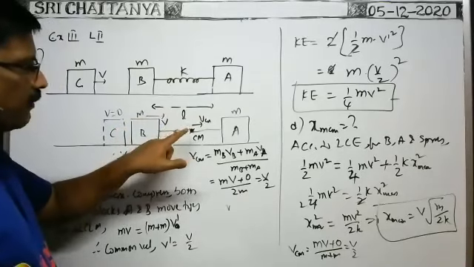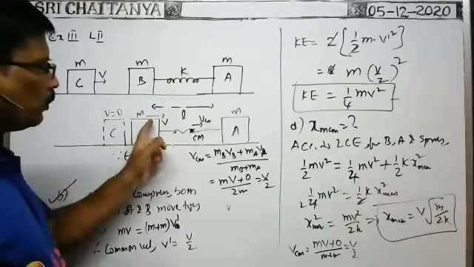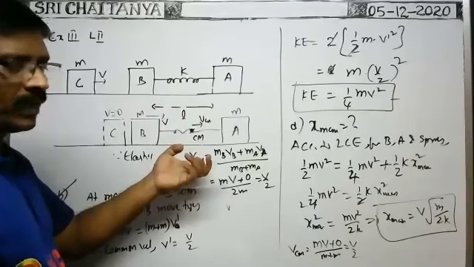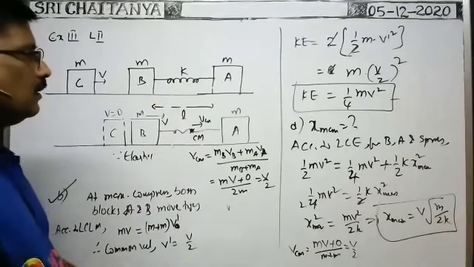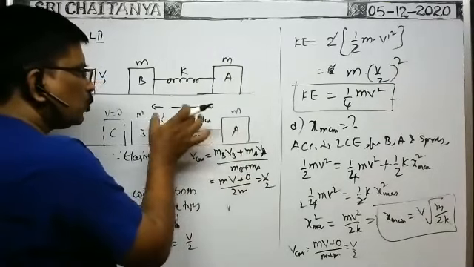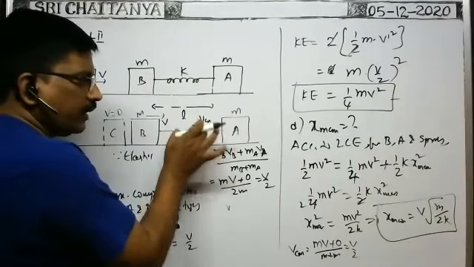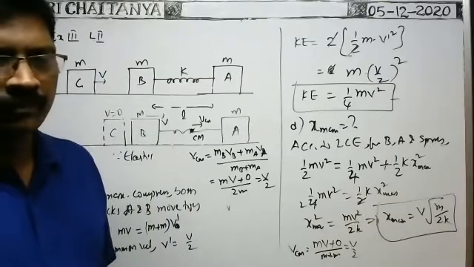About the center of mass, the two blocks execute oscillations like this. What is the time period of oscillation of these two blocks? If they ask, time period T is equal to 2 pi into root of, as these two blocks are joined by means of a spring, what is the formula to be used?